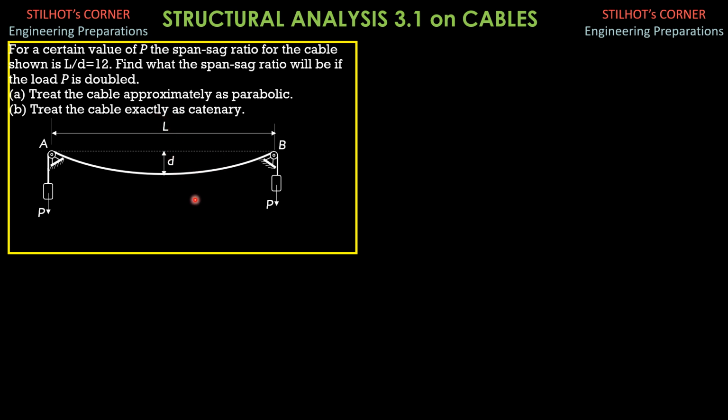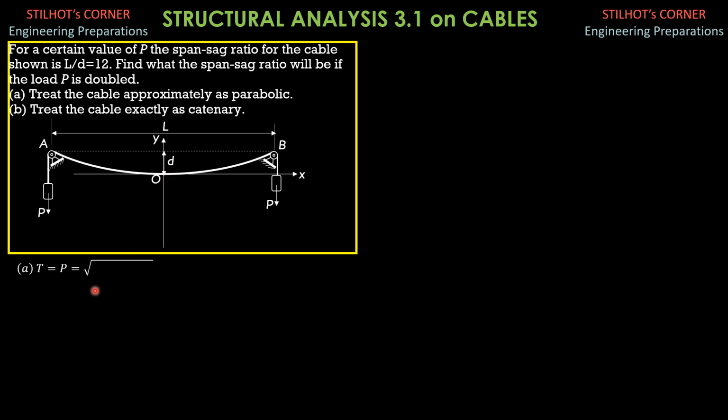So tension is the square root of the horizontal component of tension capital H square plus the vertical component of tension Wx quantity square, where x is L over 2. For a parabolic cable, the origin is at the lowest point here. So this is the y-axis.